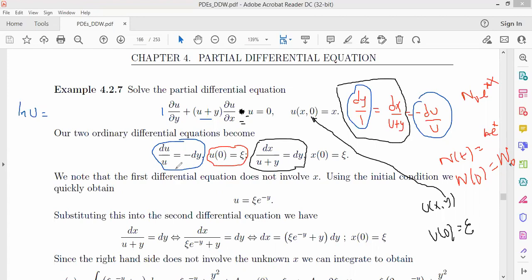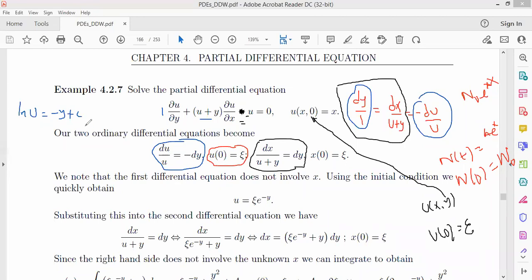When you integrate this, you will simply get minus y, plus a constant of integration. Guys, I hope we are together. So you have a certain y plus a certain constant of integration.